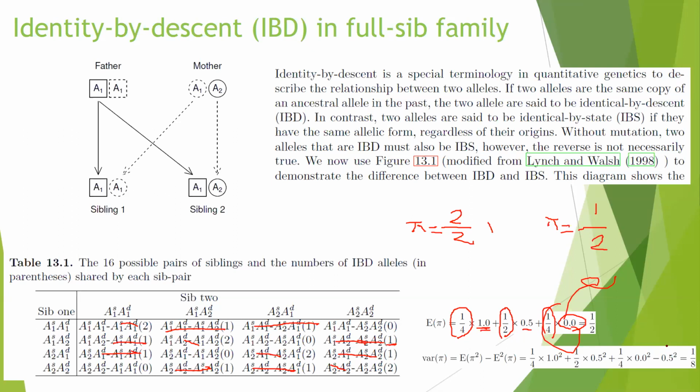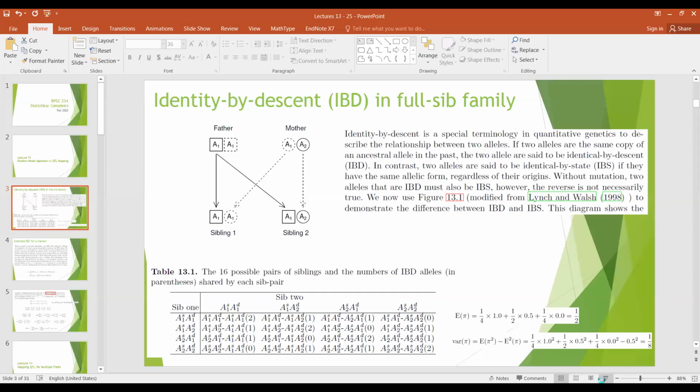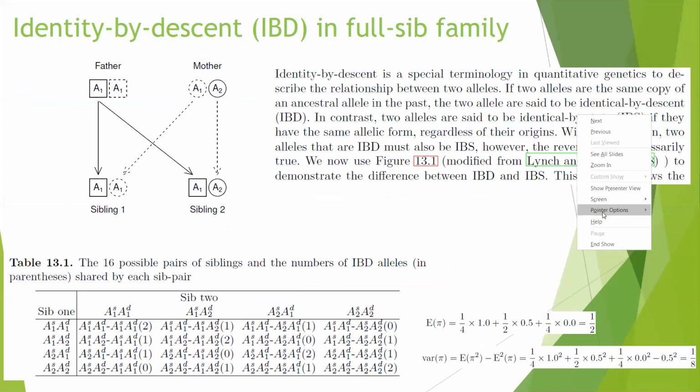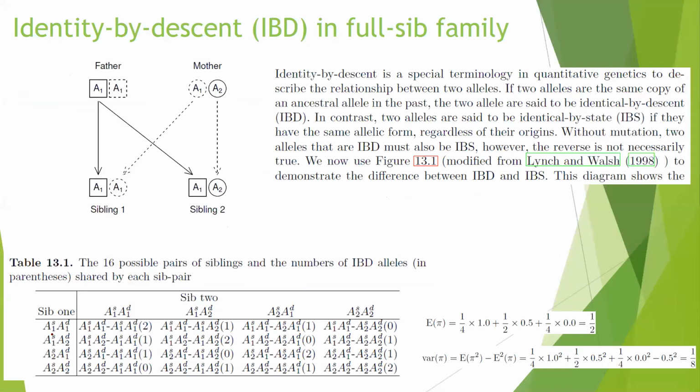Let's go over this again. So this is one sib, and this is another. That's the first probability that the first sib carried the identical alleles for the second sib.